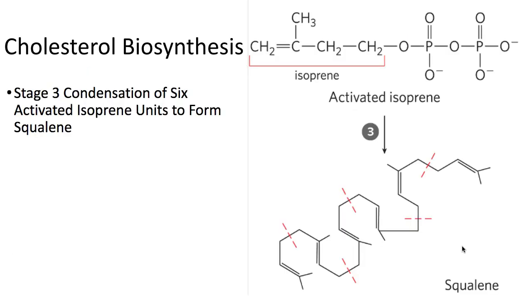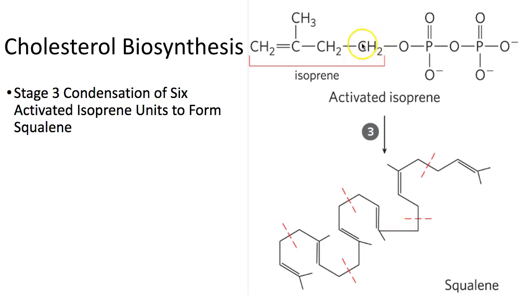So we still have to get to the structure of cholesterol, and have that steroid nucleus that I mentioned in previous lectures. And so this next major reaction is having that activated isoprene make squalene.